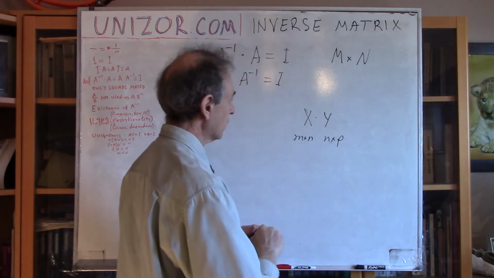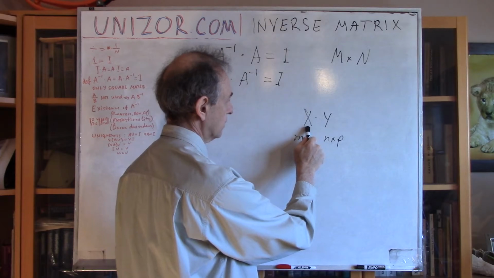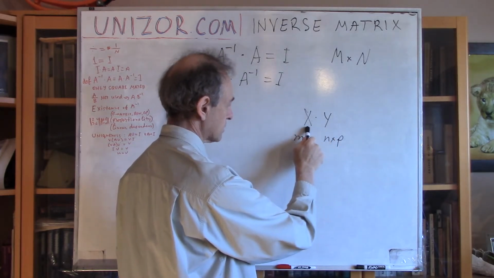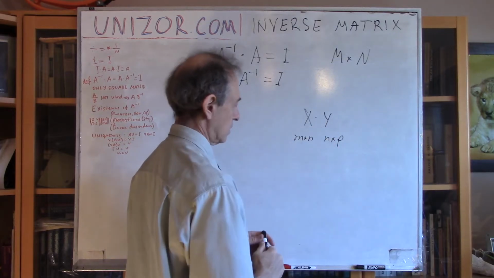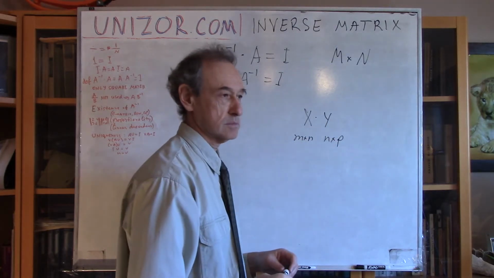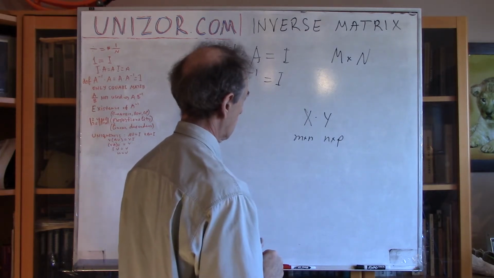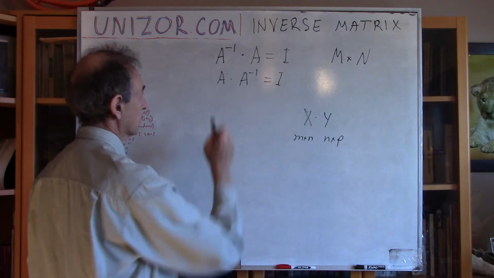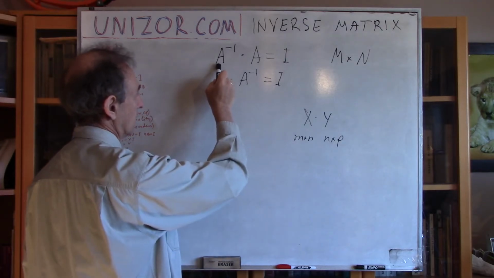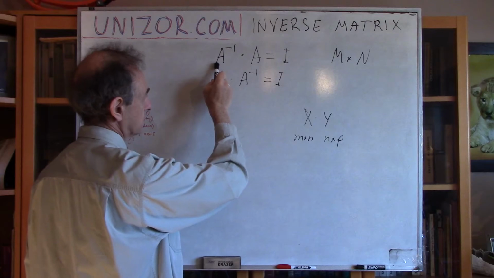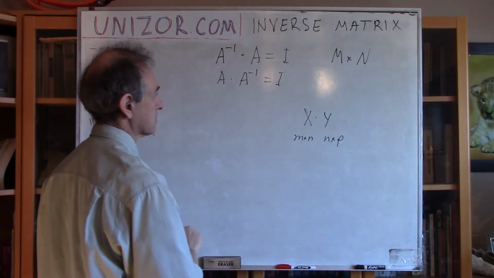Multiplication is defined only if number of columns of the left multiplier is equal to number of rows on the right. Right? Yes. Okay. Which means that the inverse matrix to A must have m columns.